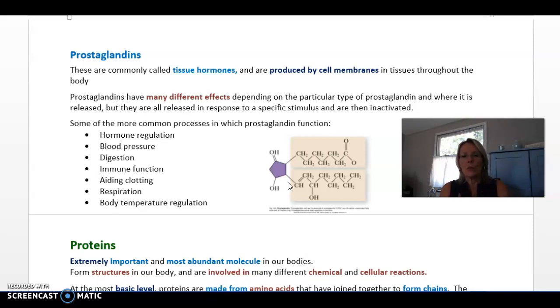And depending on where they are and the particular type of prostaglandin, it will have a very different effect. So these are some of the functions of different types of prostaglandins. They can regulate hormones, blood pressure, digestion, immune system functioning. They can help to aid in clotting. They play a role in respiration and also in regulating body temperature. So you can see that these functions are very different from one another.